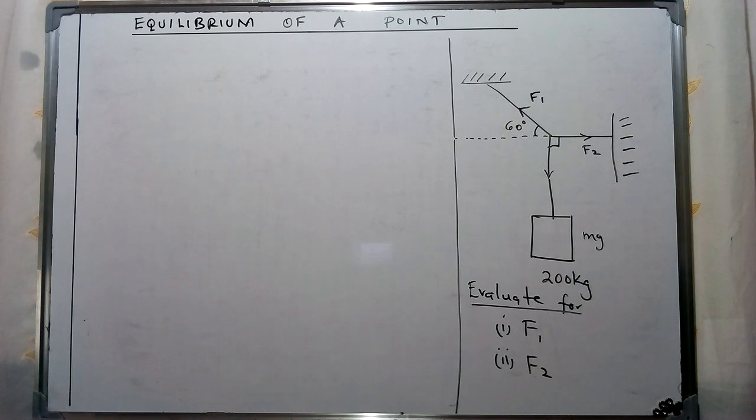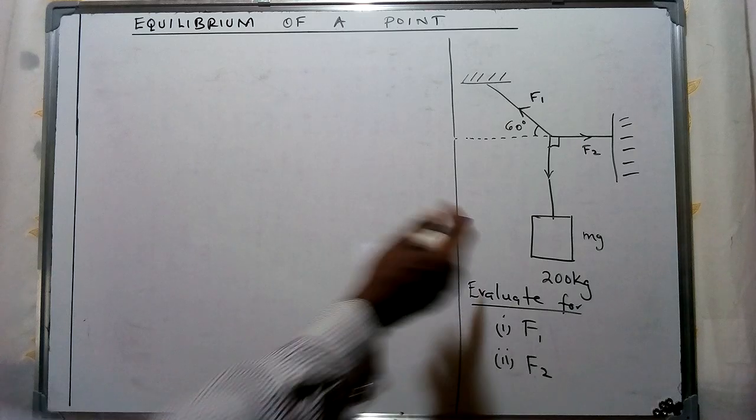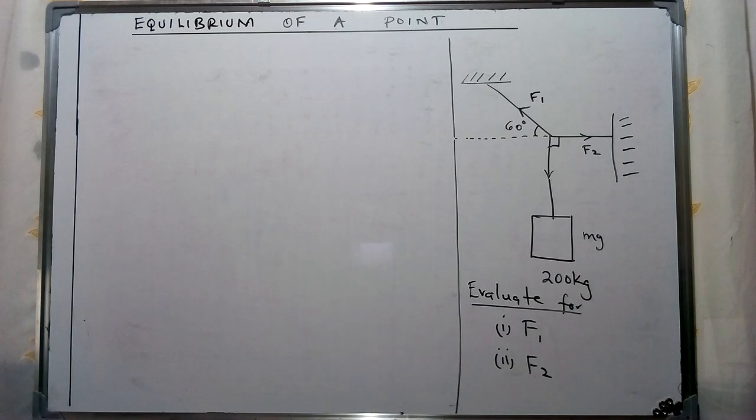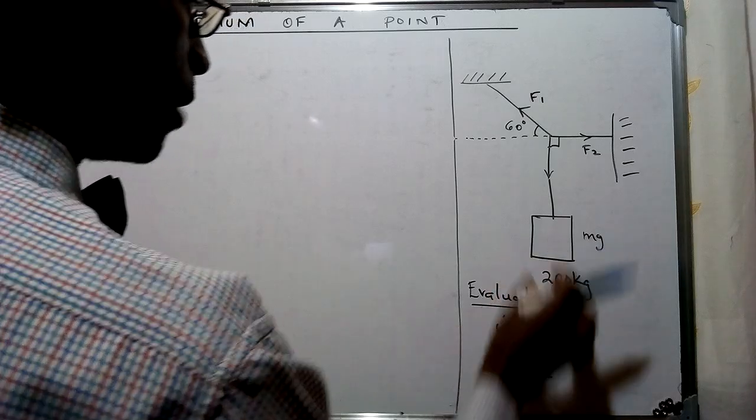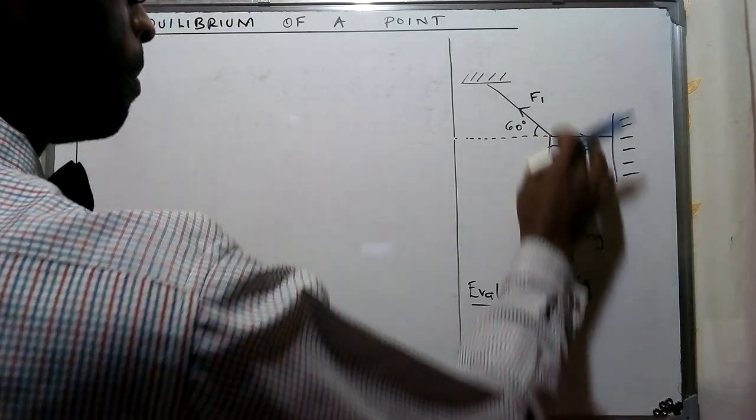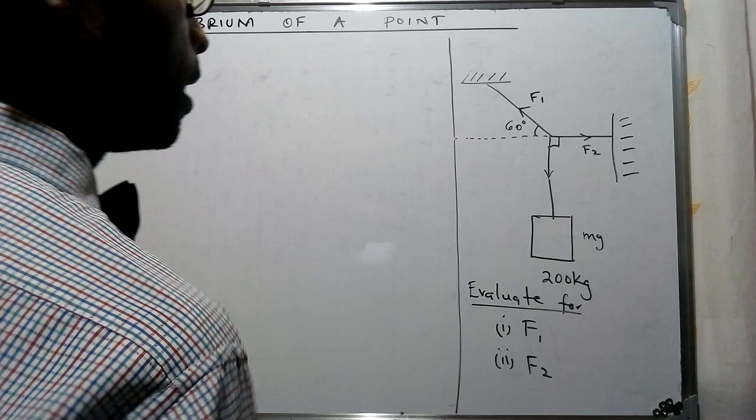Now, we're going to use this illustration which I've just given on my right side of the board and try to use it to solve for this particular force given in terms of F1 and F2.